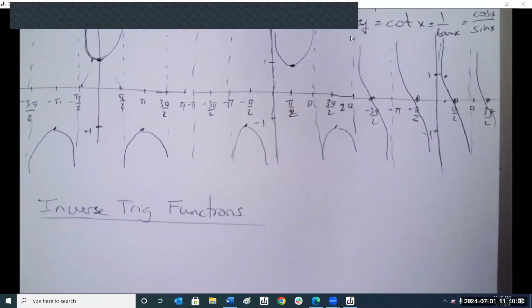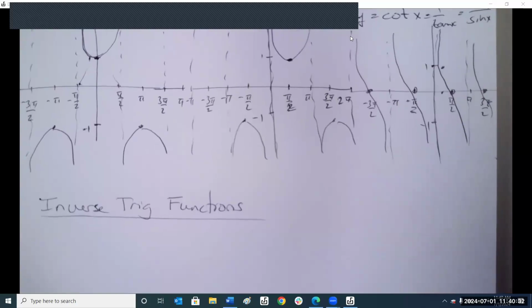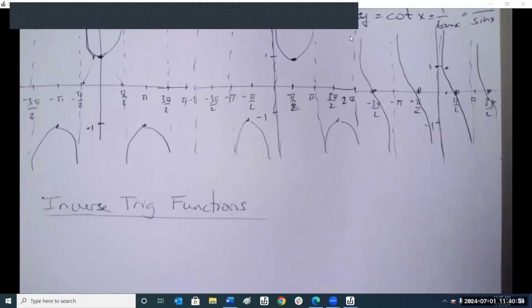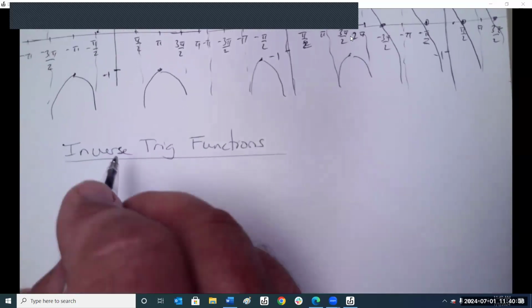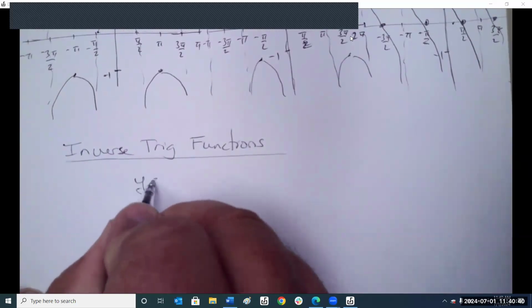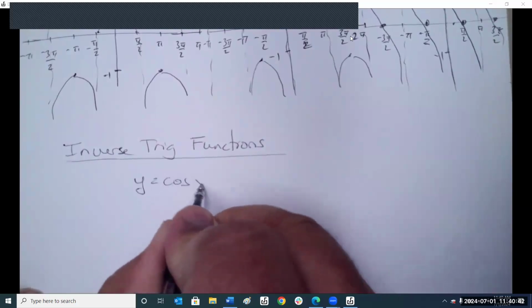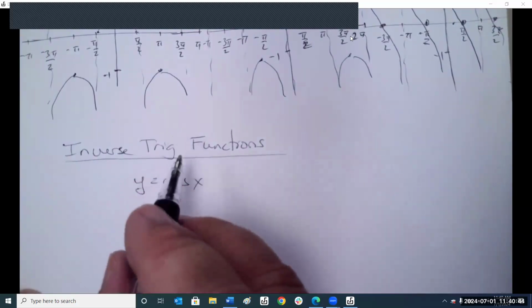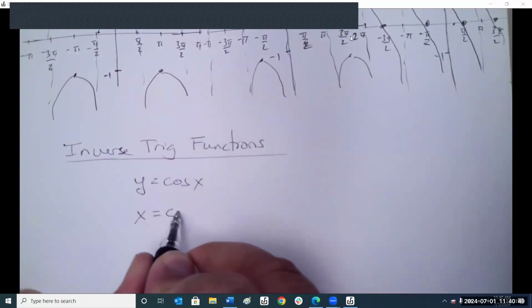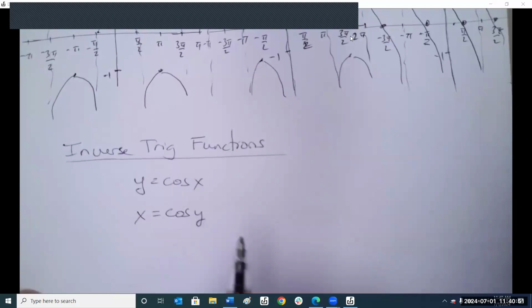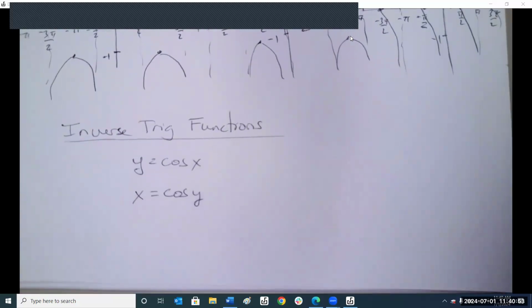What are inverse trig functions? If y equals cosine x, the inverse, well, we would switch x and y.